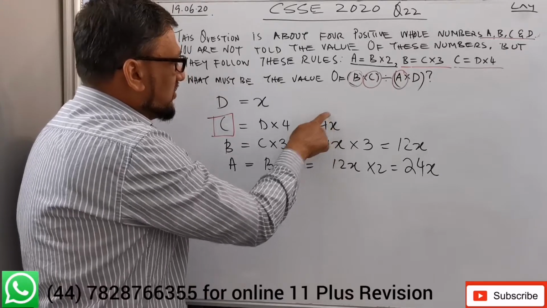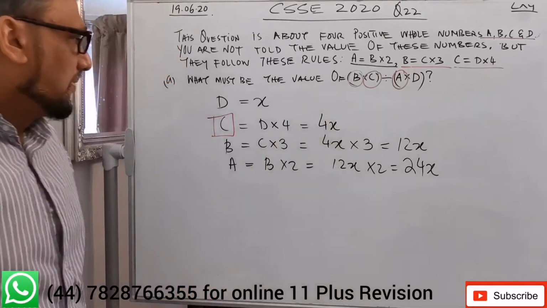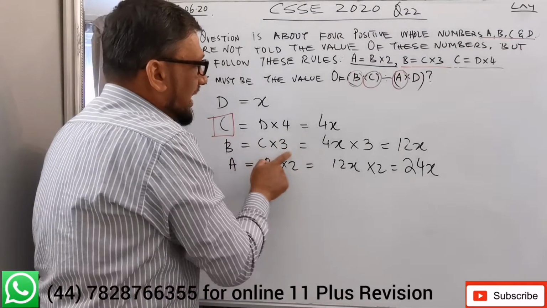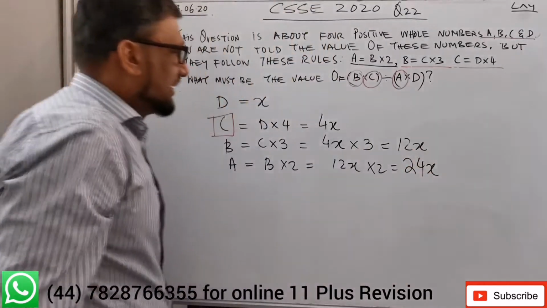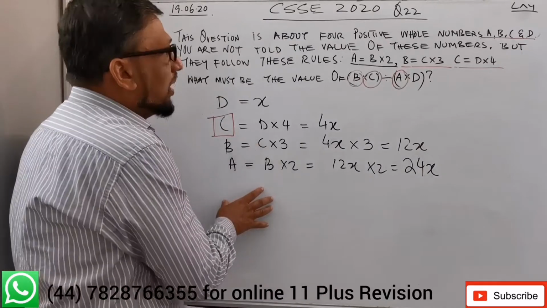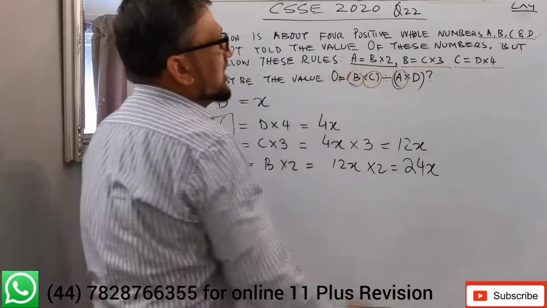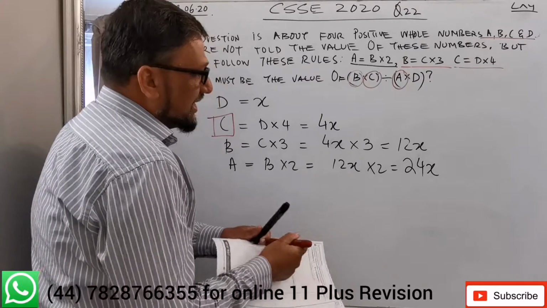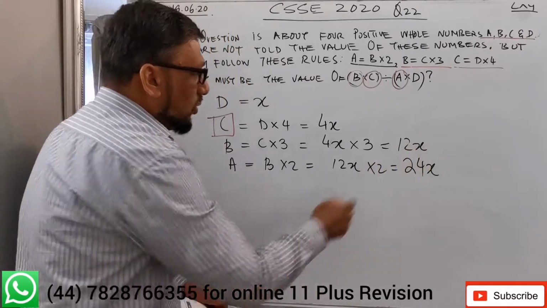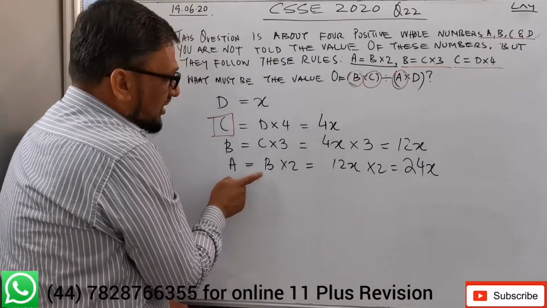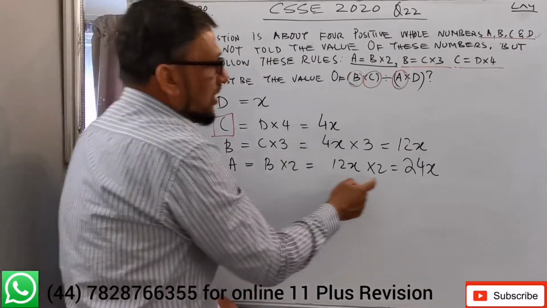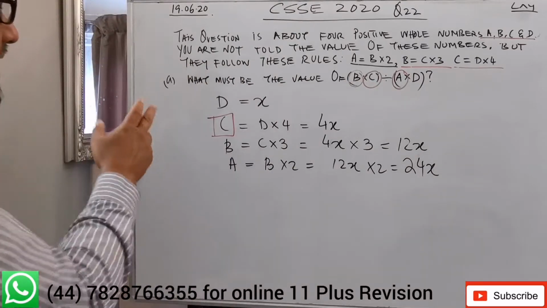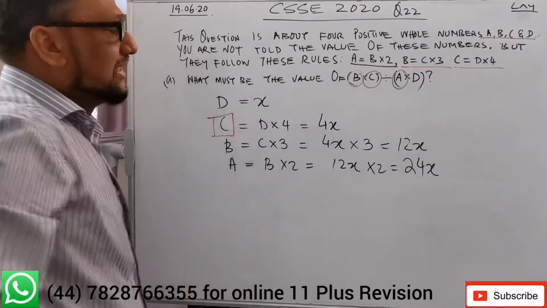This 4X is substituted for the B value, which is 4X times 3, which is 12X. And the last one, A equal to B times 2. So I substitute the value of B, which is 12X. So 12 times 2 is 24. So this is the value of A, B, C, D.